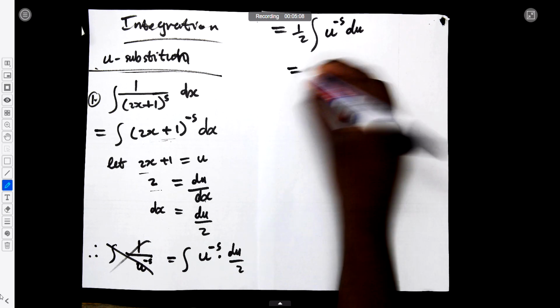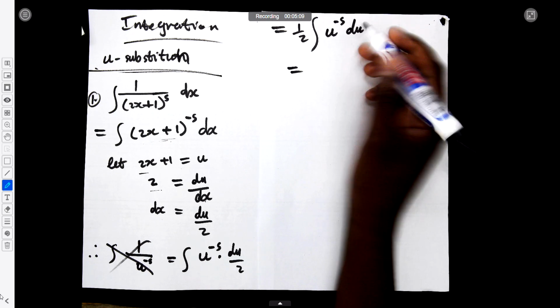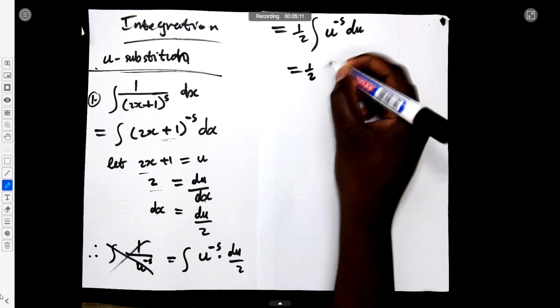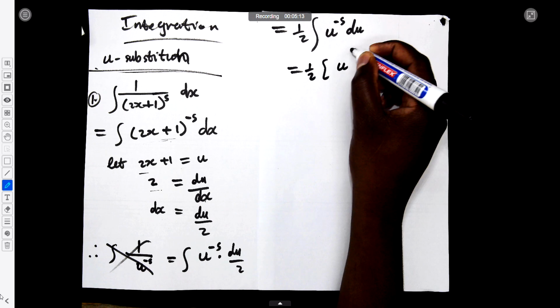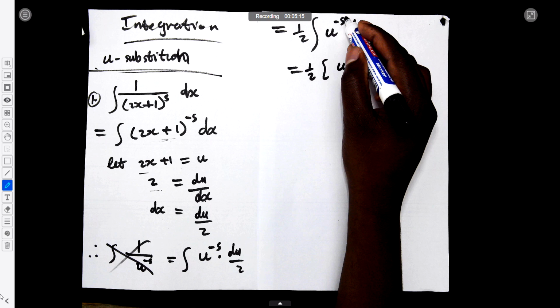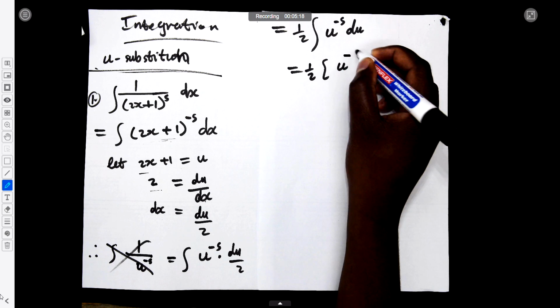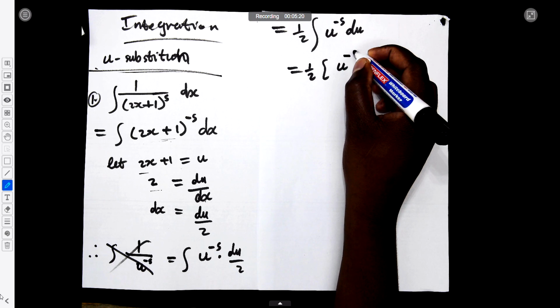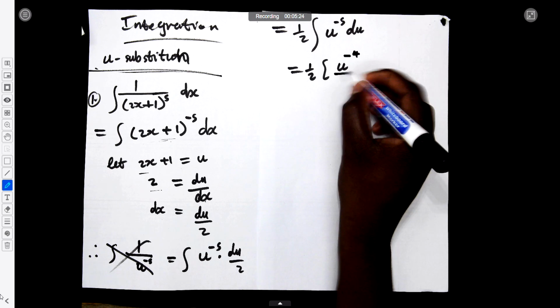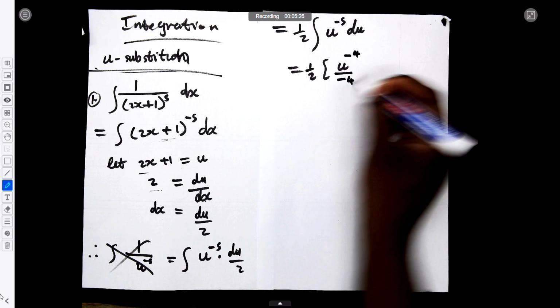So we have our half there, and it will be u to the power of, we add 1. So -5 plus 1 is -4, and we need to divide by -4.